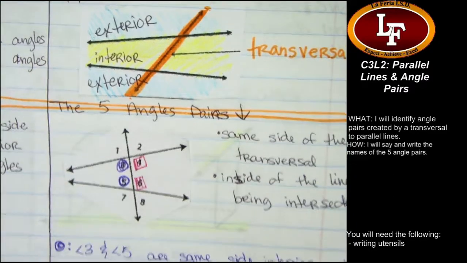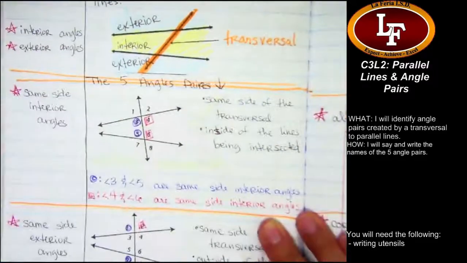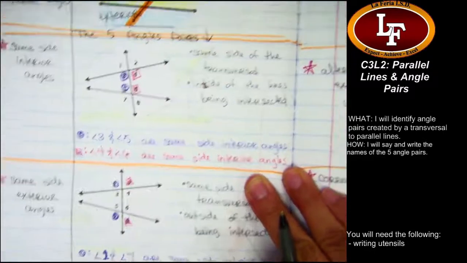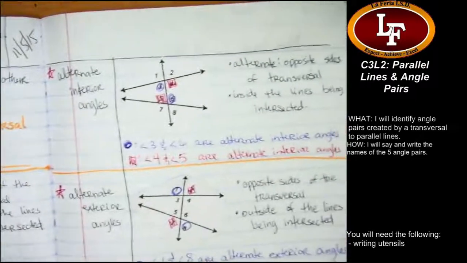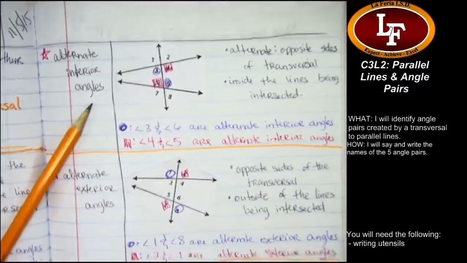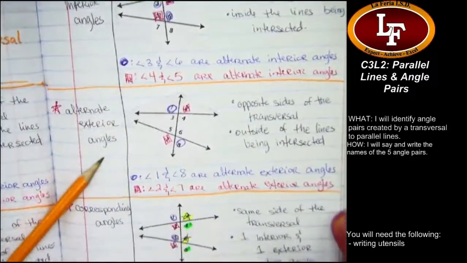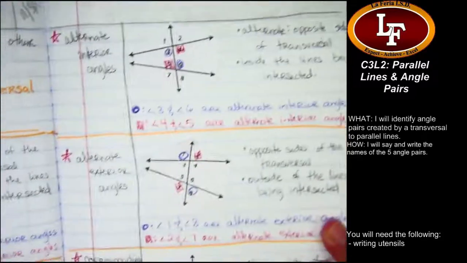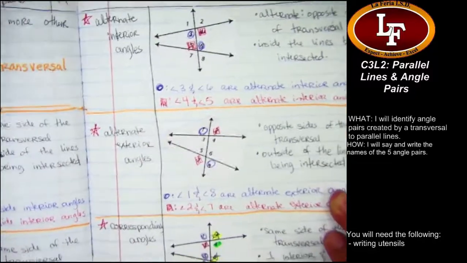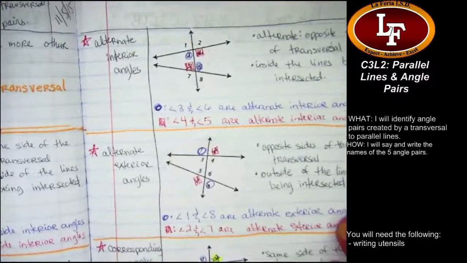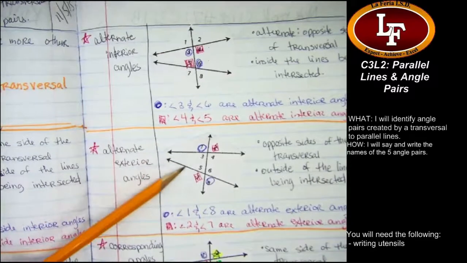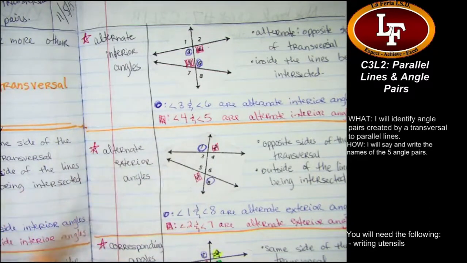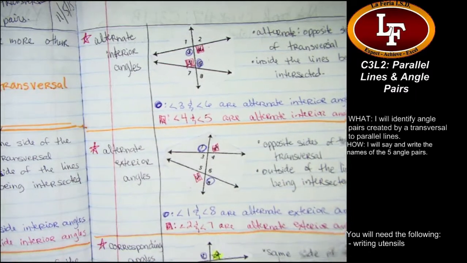We created 5 different types of angle pairs: same side interior, same side exterior, alternate interior, alternate exterior, and corresponding angles. When we talked about these, we didn't really care what the lines being intersected by the transversal were doing. They could be parallel or intersecting, as long as they were different from each other.